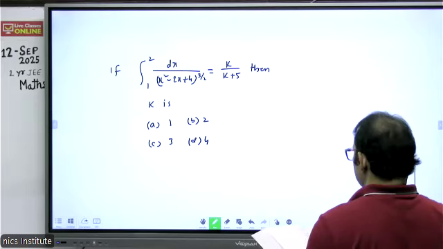Limits 1 to 2, dx over x square minus 2x plus 4 to the power 3 by 2.